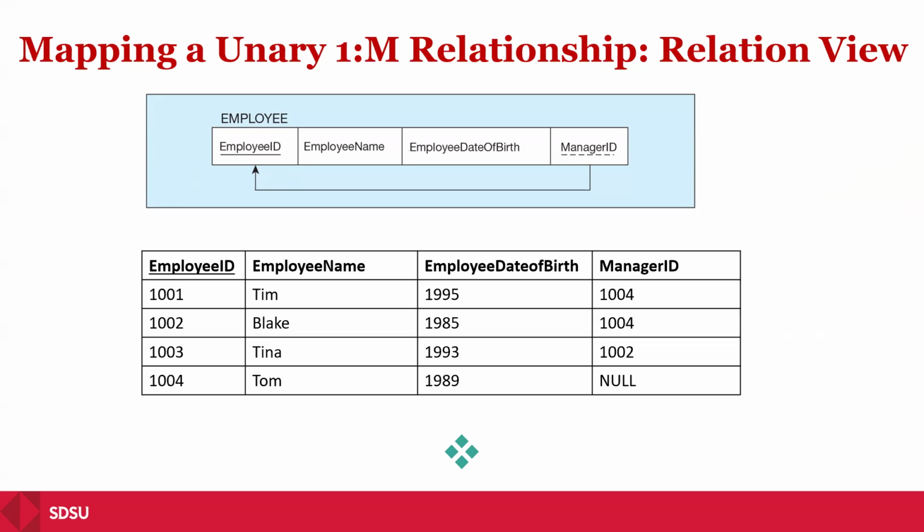And Blake manages Tina. So Tina has Blake as a manager, and Tom doesn't have a manager. So in logical design, we're going to have a manager ID added as a foreign key to the same relation.